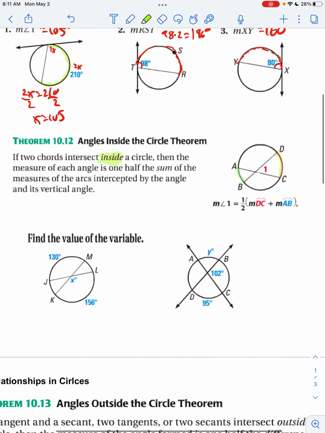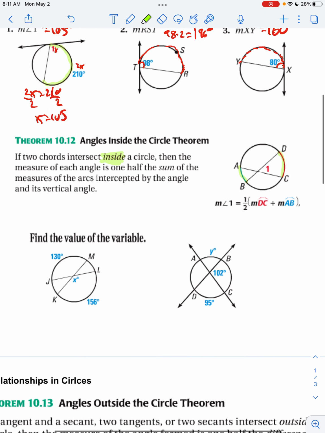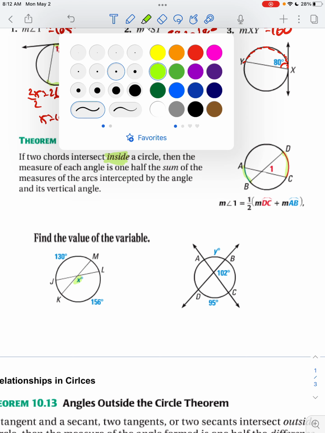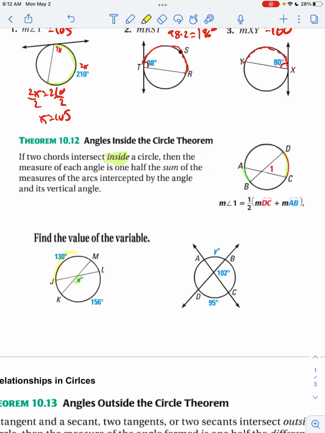And we are going to say, all right, so to find an arc, to figure out X, I'm going to add this arc plus this arc and then divide by 2.